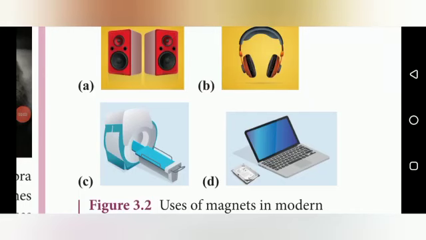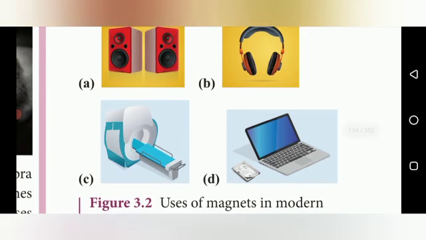In modern life, the uses of magnets are many. Here some examples are given. The first one is speakers. In speakers and also headphones, round magnets are used. Then the MRI scan, magnetic resonance imaging, produces a magnetic field around the body and identifies defects.